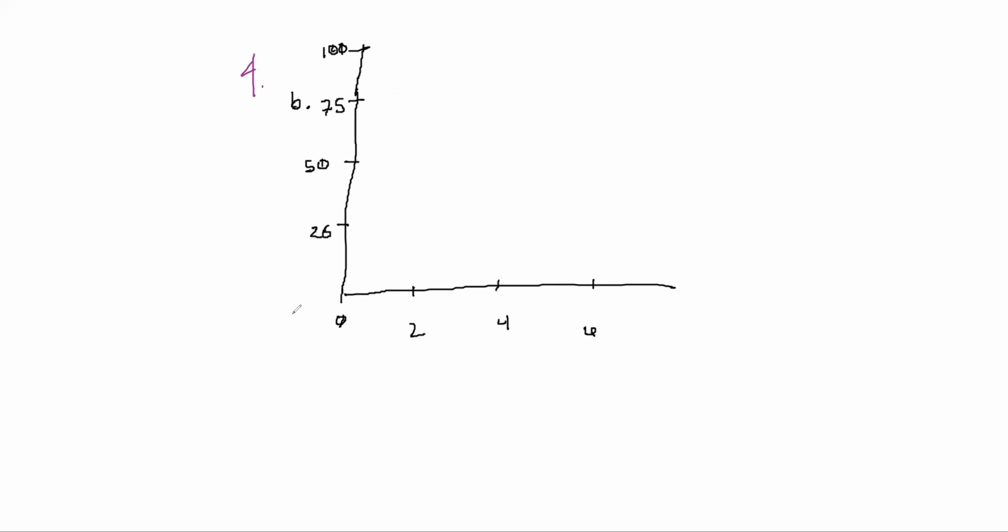At time 0, velocity is going to be 88, so that's going to be like here-ish. At time equals 2, it's going to be 45, so that's going to be down here. At time equals 4, it's going to be 16. And at time equals 6, it's going to be 0. So we have a curve that looks like this. And it's just going to equal 0 for the rest of this time.